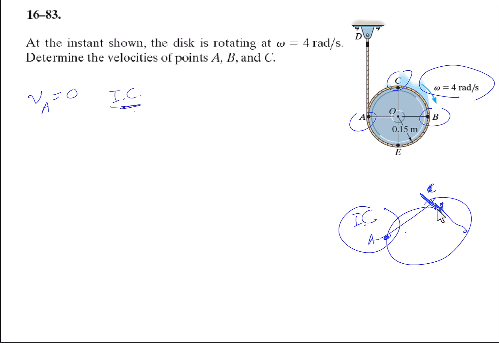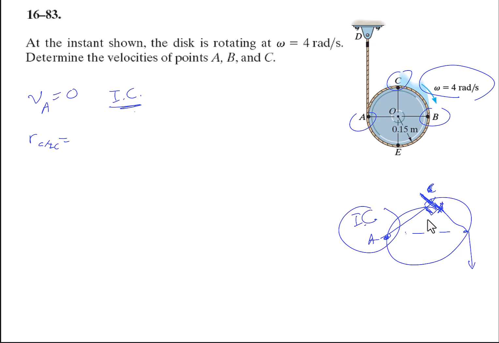So that's done. This is a right angle, this one is 90 degrees, and this one is perpendicular to this. So we can write the position of point C relative to the instantaneous center of zero velocity.